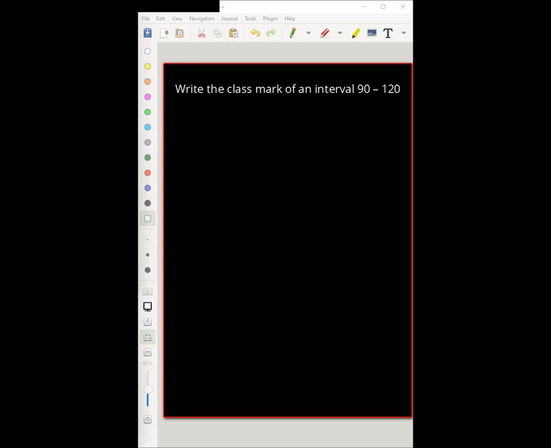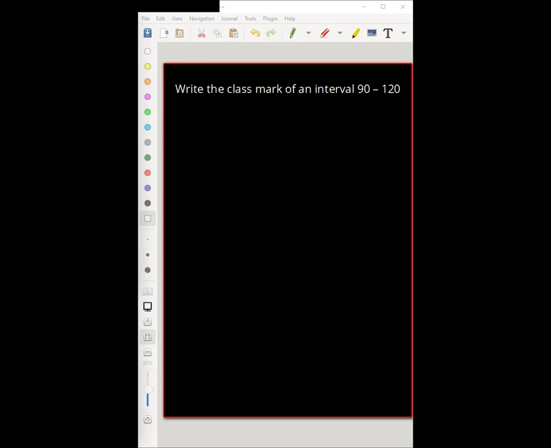Sanika, that's correct. Ananya, no, that's wrong. Ananya, how can class mark be 30? Think about it. Even if you think a little bit, you will know that it cannot be. Ananya, go back to your notes. First, see what is a class mark.